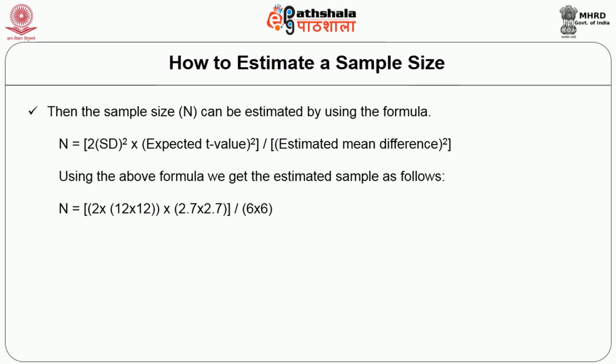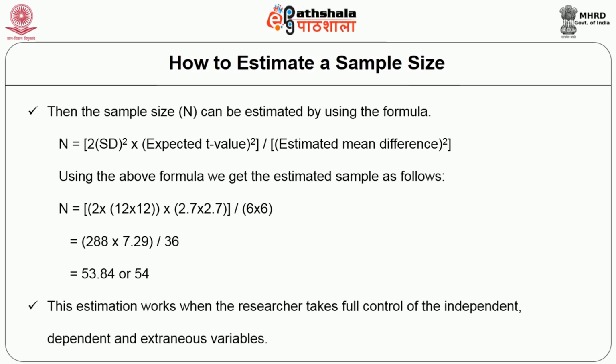N is equal to 2 multiplied by 12 into 12 multiplied by 2.7 into 2.7 divided by 6 multiplied by 6. It comes around 53.84 or 54. This estimation works when the researcher takes full control of the independent, dependent and extraneous variables.